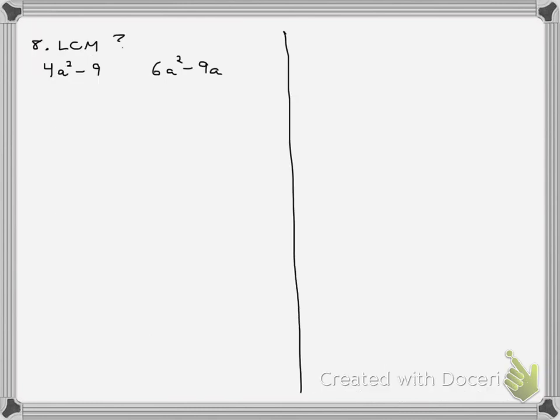The first thing you always want to do when you're finding the least common multiple is factor each term. So to find the least common multiple between the left term and the right term, I'm going to factor this. This is a binomial squared, 2a plus 3 times 2a minus 3. And this one, I'll divide out a 3a, and I'll get 2a minus 3.